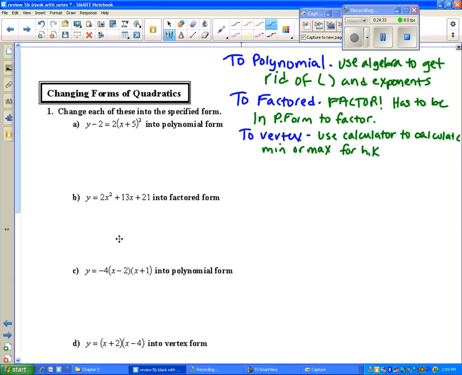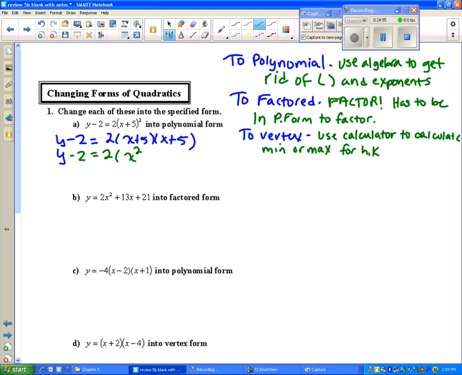I want this into polynomial form. So y minus 2 is equal to 2 times, I'm going to think of this as x plus 5 times x plus 5. If I FOIL that, I'm going to get y minus 2 is equal to 2 times x squared plus 5x plus 10x plus 25.